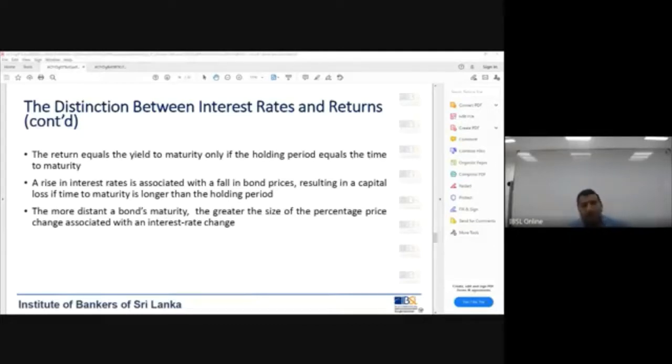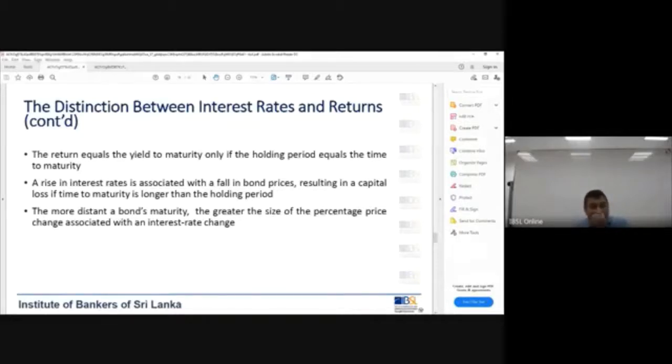But anyway, what you are basically seeing here is the technicality that rising prices mean interest rates decrease.